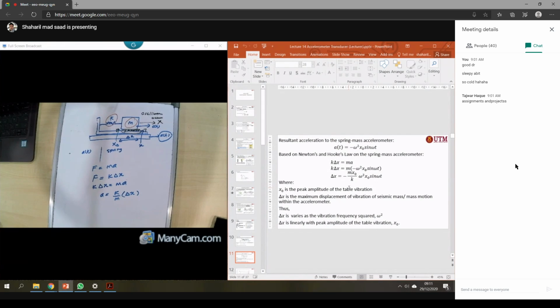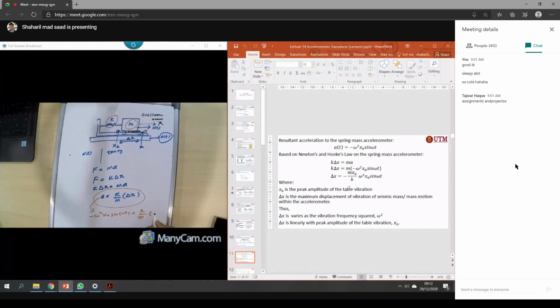Okay, so this is the relationship you can get from here. So the acceleration a is minus omega squared x naught sine omega t. So this means k over m times the delta x. Right? So this is the relationship. It came from your sensor itself, k and m.